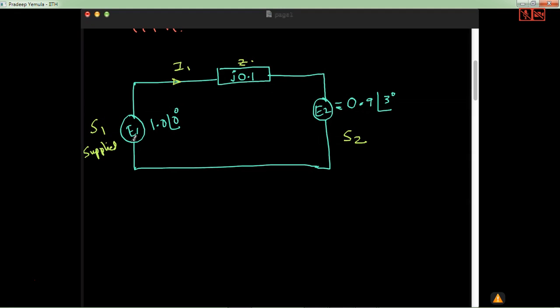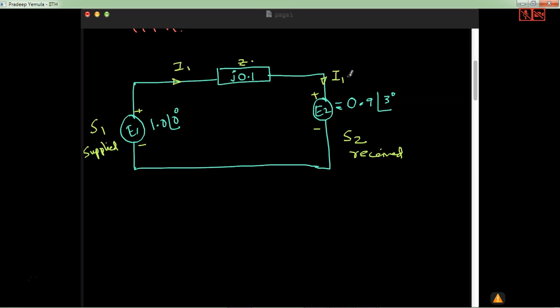So what are the formulas here? S1 is nothing but E1 into I12 conjugate. Similarly, S2 is nothing but E2 into I12 conjugate. But first of all, what is I12 itself?